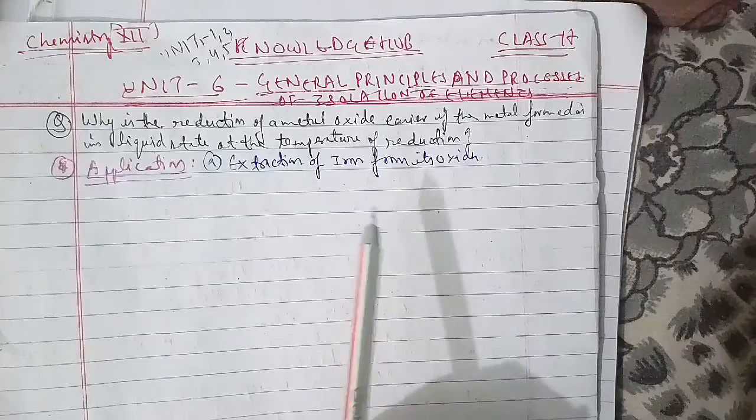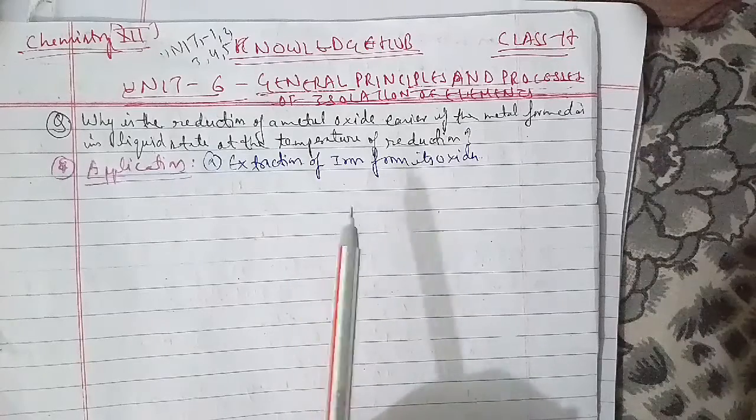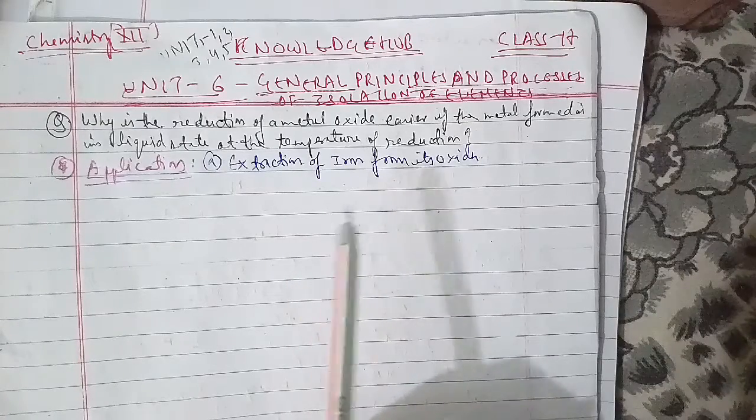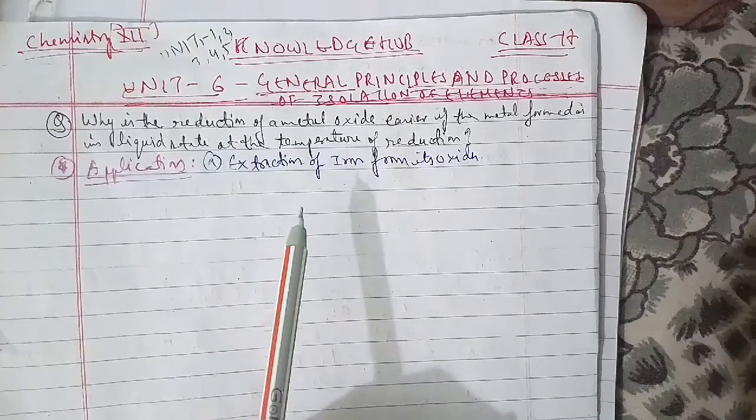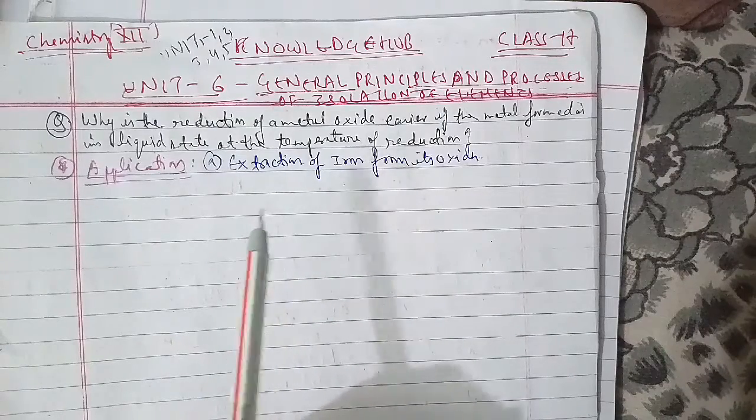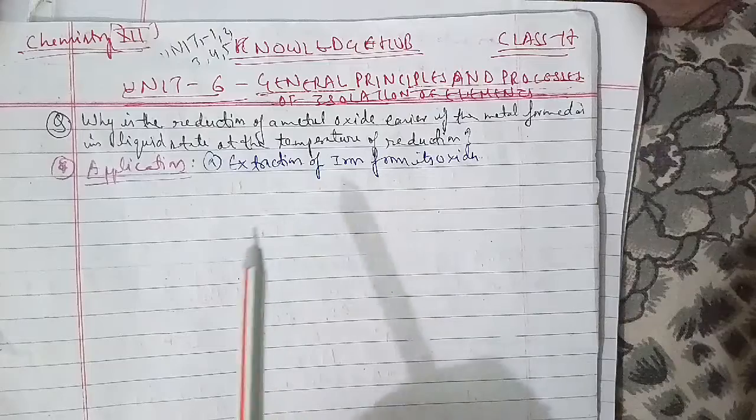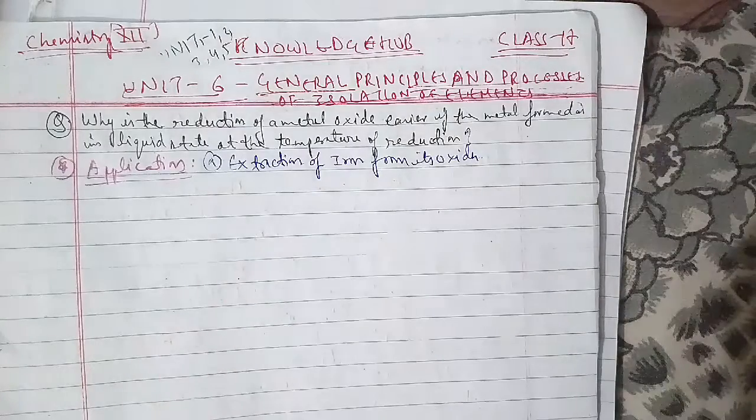For the reduction reaction we have FeO(s) + C(s) giving Fe(s) + CO(g).